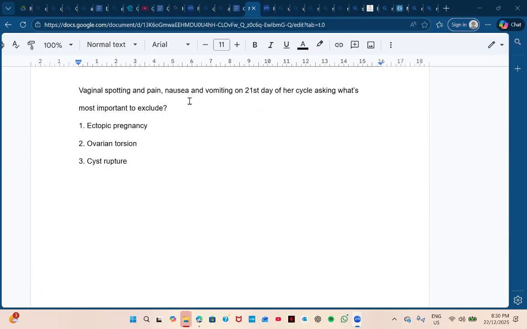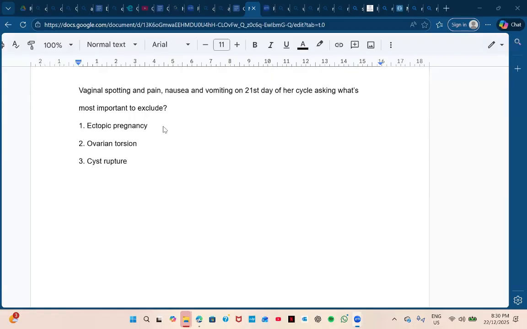Okay, here our patient is on the 21st day of a cycle. So the patient is menstruating, a girl, so she's of reproductive age, right? Here, in a menstruating patient of reproductive age, we have to first exclude ectopic pregnancy.